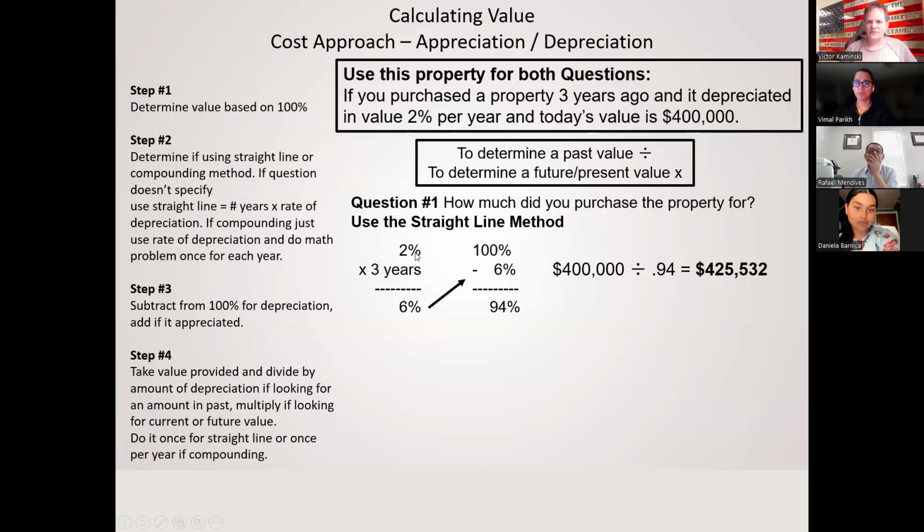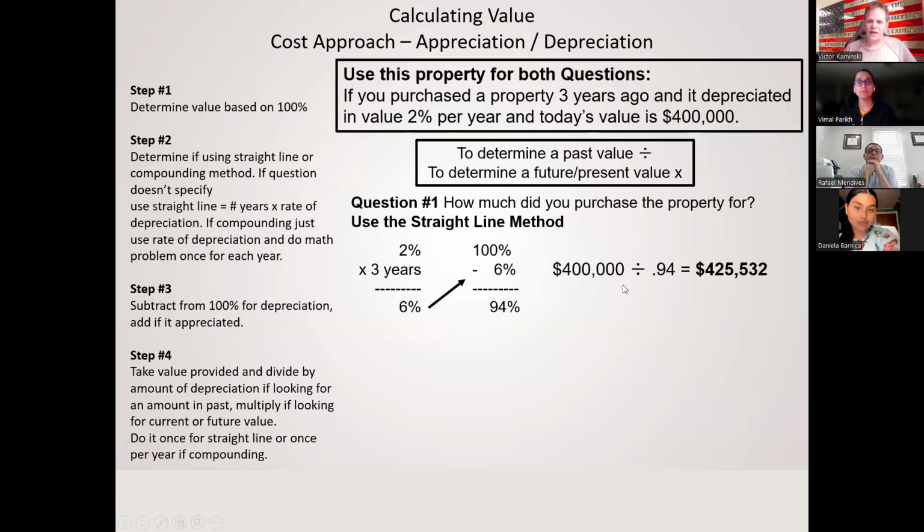Instead, you just take the rate of depreciation and subtract it from 100 because if it depreciated, that's subtracting from its value. If it appreciated, you add to its value. So if it was 2%, we would subtract the 2% and use 98 with the compounding method. 98, and then we do the math problem 3 times.